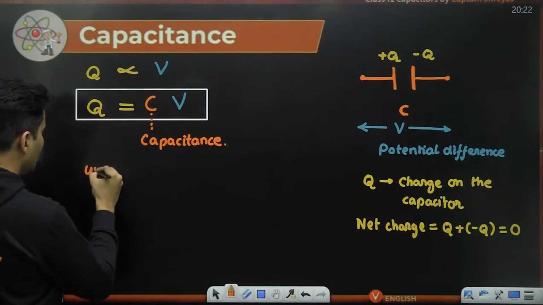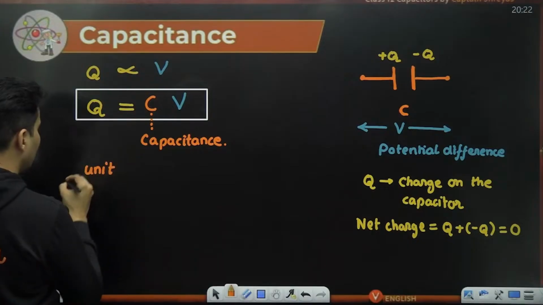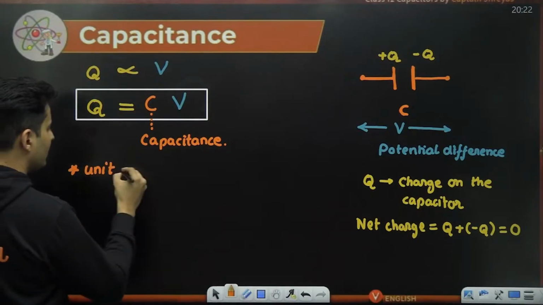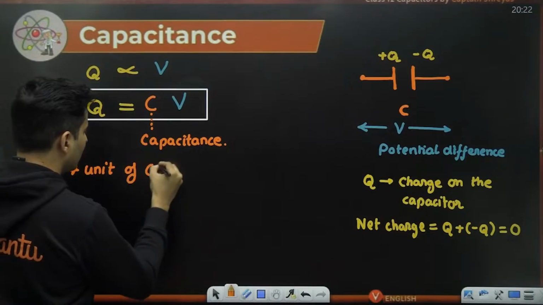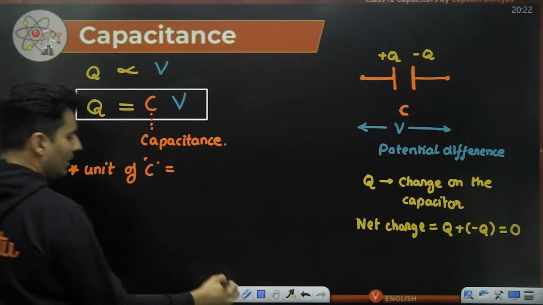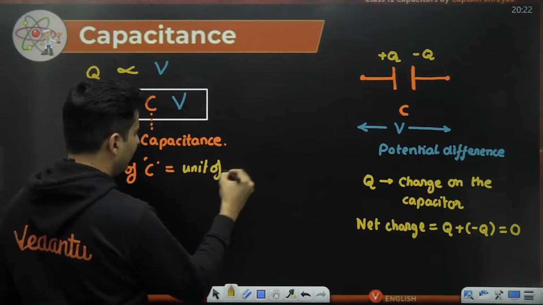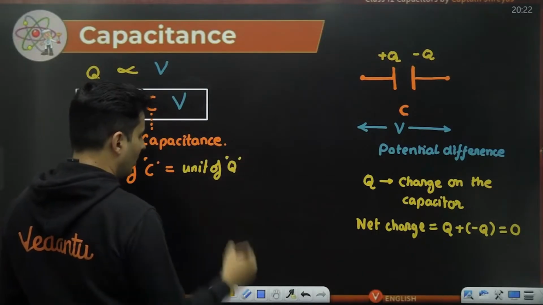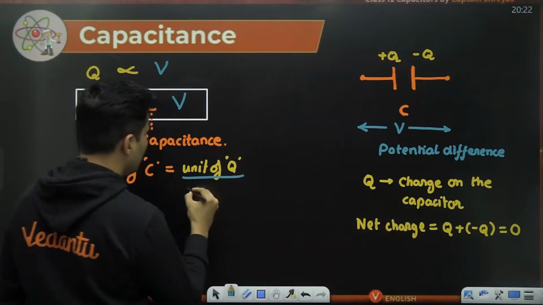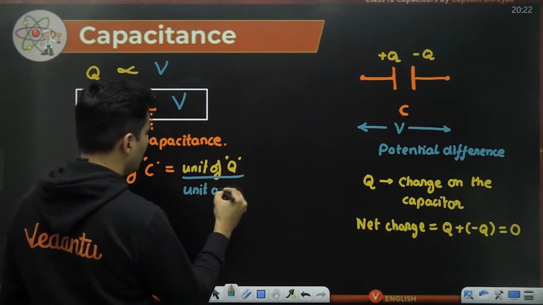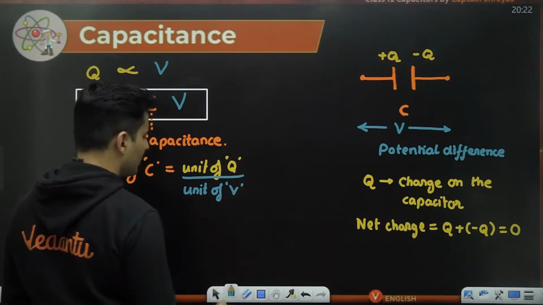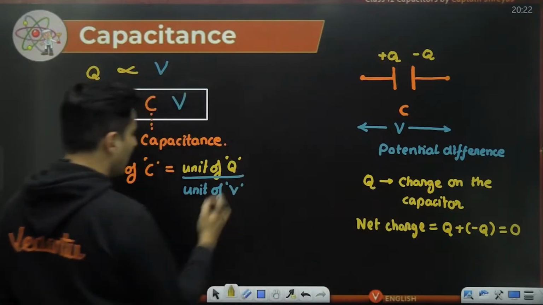Now we can easily find out the unit of capacitance. It will be nothing but the unit of charge divided by the unit of voltage. What is the unit of charge?